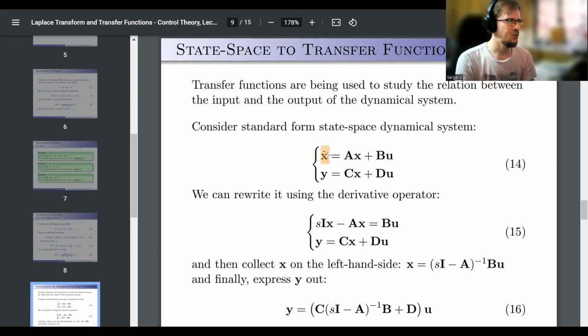We see x dot here. We know what the Laplace transform of it is going to be. It is going to be s times x. So the Laplace transform of this guy will be this.